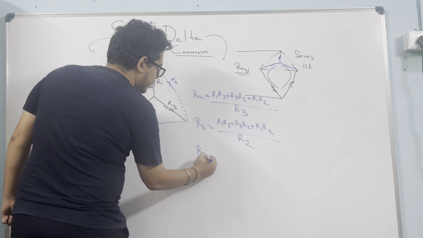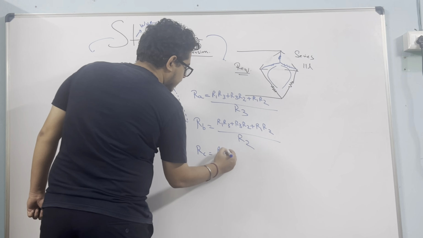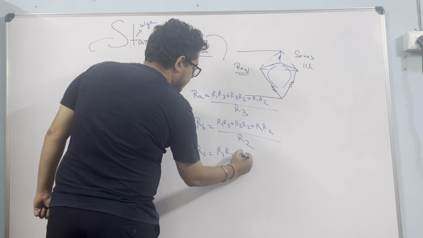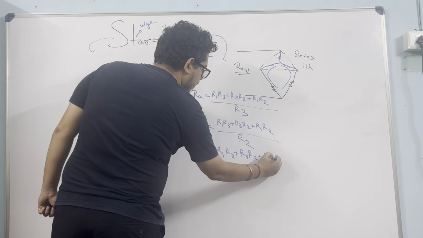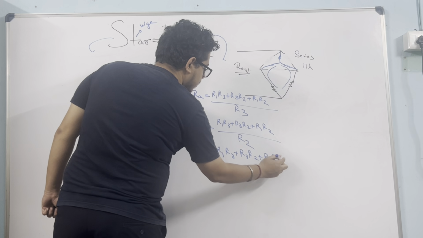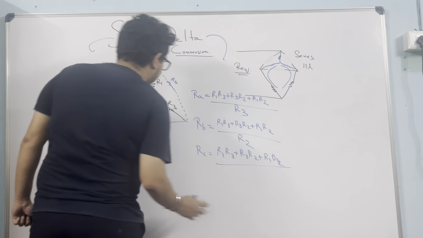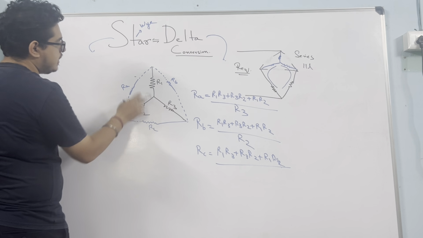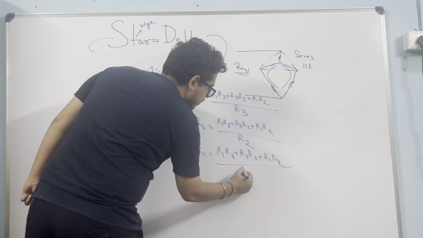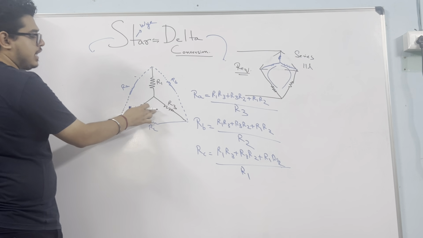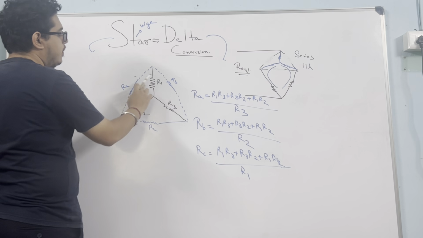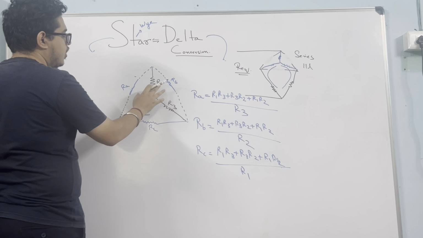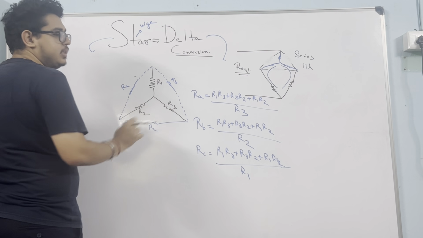Similarly RC is R1R3 plus R3R2 plus R1R2 upon R1, the opposite of RC. This way I converted star into delta easily. So this is the formula: the sum of products of the star resistances upon the opposite resistance.